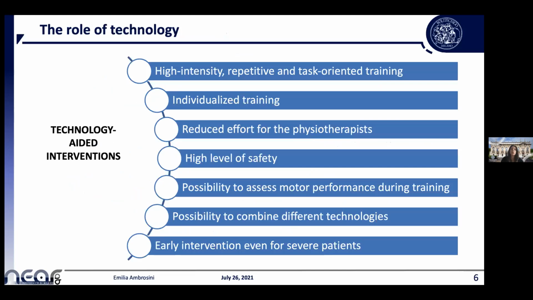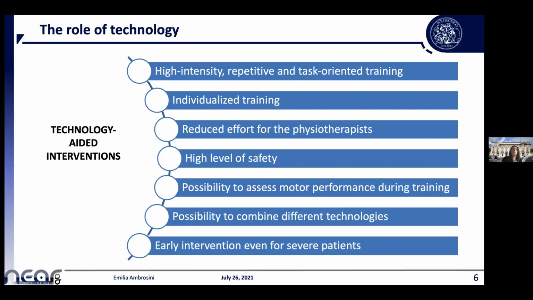In this picture, technology can play a very important role. Indeed, technology-aided interventions assure high-intensity, repetitive, and task-oriented training. They can be customized on each single subject, so technology can help in order to design individualized training. They can reduce the effort of the physiotherapist.